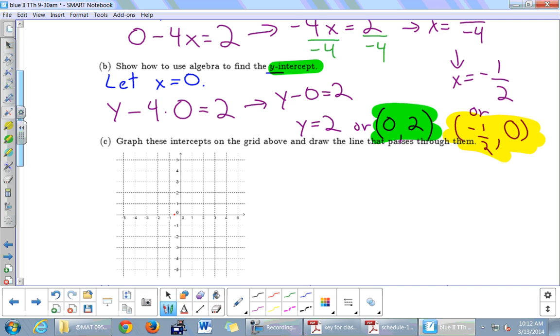So that right there is the first intercept, negative 1/2 comma 0. And then the other intercept was at 0, 2 from the origin, left, right, up, or down? Up. So that's 0, 2. And then hopefully you can use a straight edge and your line will look better than mine. I connect the dots. We've got our line.